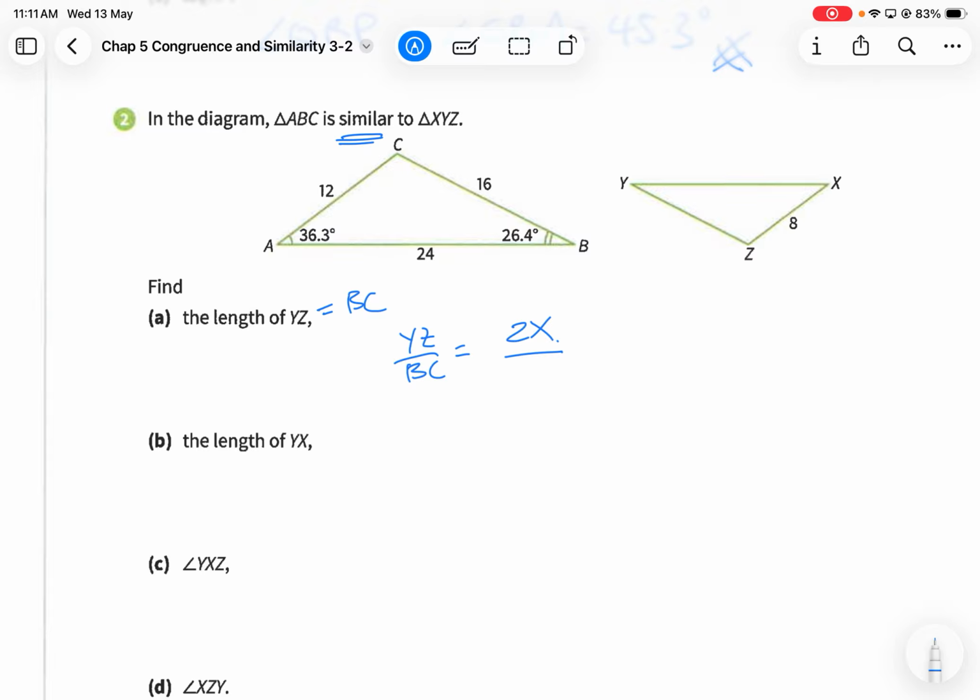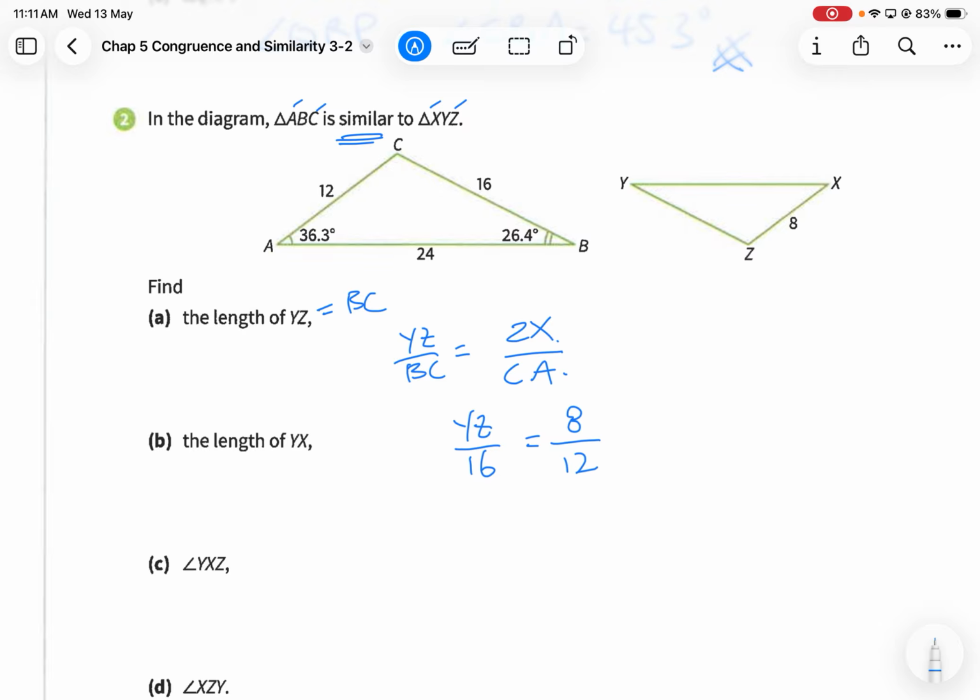ZX is 8. So ZX corresponds to, I go back to check, first and third. So ZX corresponds to CA. They will give me the same ratio. Small one over big one, small one over big one. And then I can start to fill in. YZ over 16 is the same as 8 over 12.